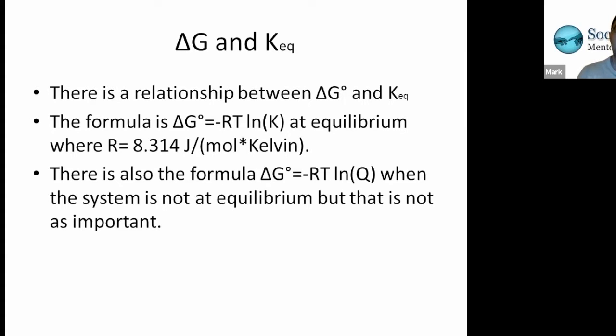The formula for delta G standard is negative RT ln K, where K is Keq, at equilibrium, and R is the gas constant, 8.314 joules per mole Kelvin, right? And again, if you want to look at units, which I always highly recommend doing, you know that R is joules per mole Kelvin, and temperature is Kelvin.